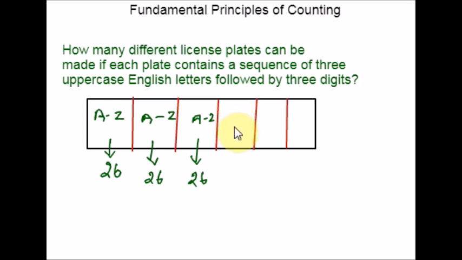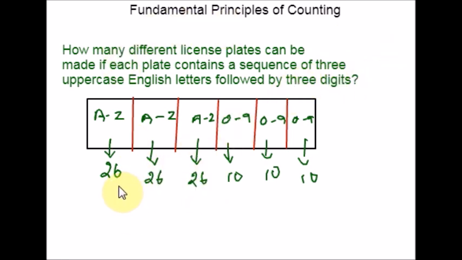So totally 10 choices. You should read the question carefully and check whether the word repetition is mentioned or not, whether the question allows you to use the alphabets or numbers repeatedly. If repetition is not allowed, the number of choices will be reduced by 1. Am I right? So here repetition is allowed.